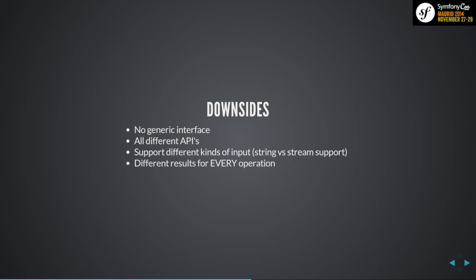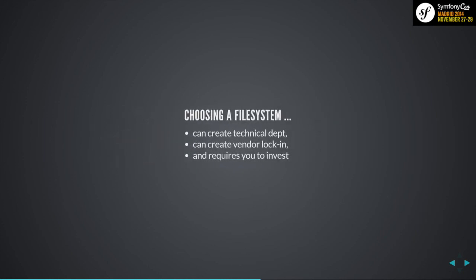If you look at the result, it's different for every operation. So basically, you can't easily switch from one to other, because your entire application might rely on a certain type of response from the API that you're using, and another API might have a totally different response. So yeah, that's annoying. So more downsides.